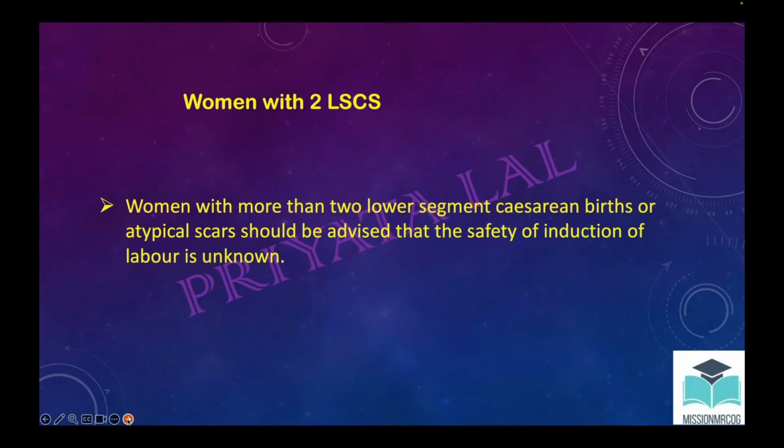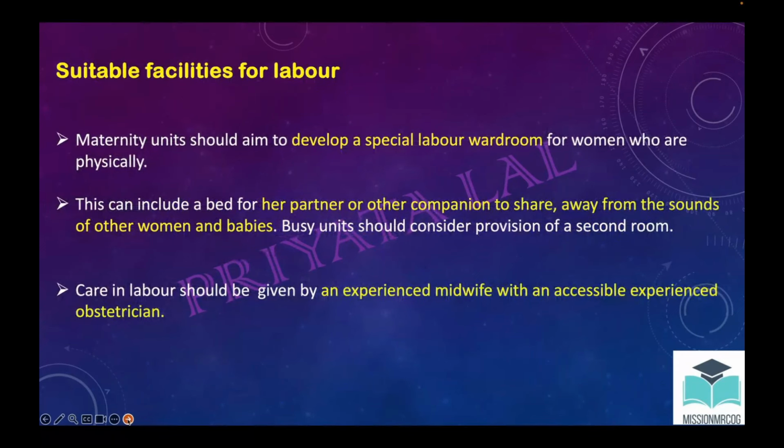The guideline doesn't say don't go for it, it only advises that the safety for induction of labor is not known. So this way you have to use it in your answers or your role player stations. So these are about the methods for induction.